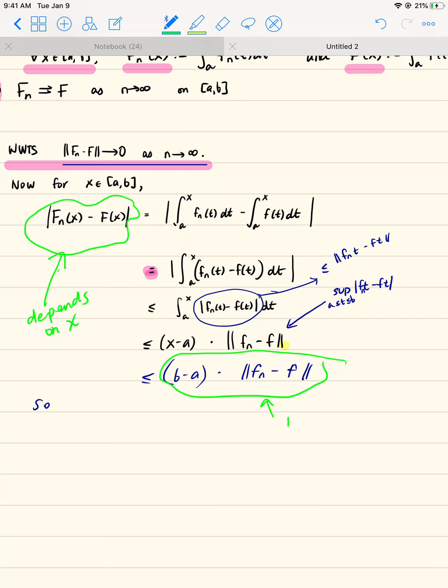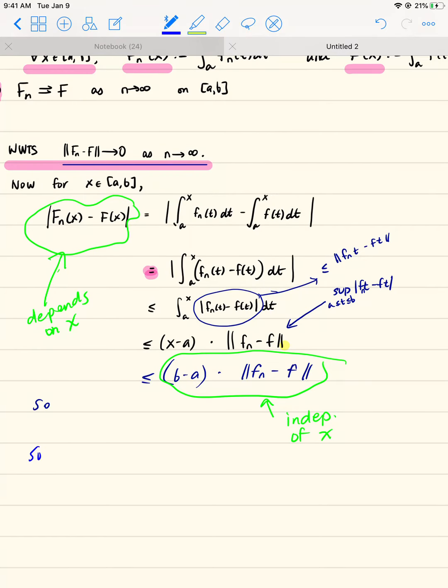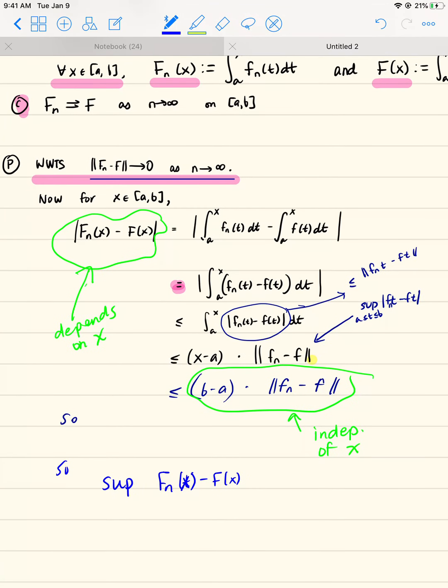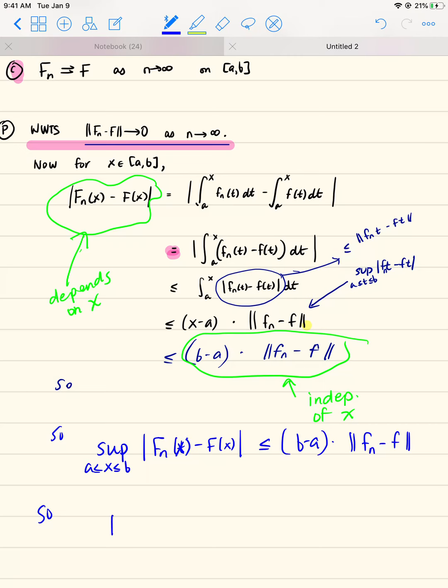This is independent of x, right? So our conclusion is that the sup norm, the sup of the fn of x minus f of x of these indefinite integrals, has to be less than or equal to b minus a times the sup norm of the integrands, right? So actually, this is what we have.